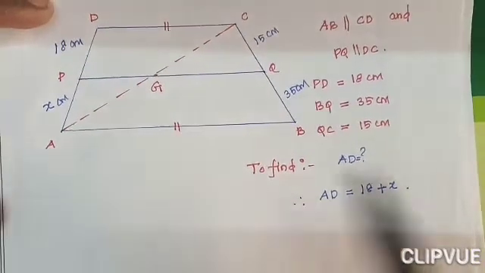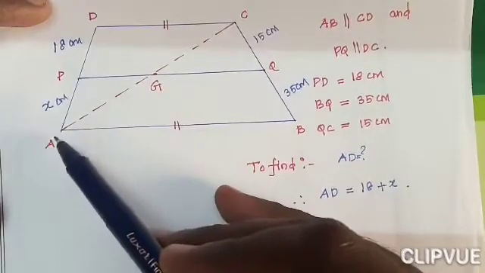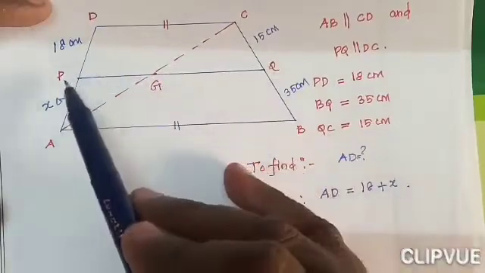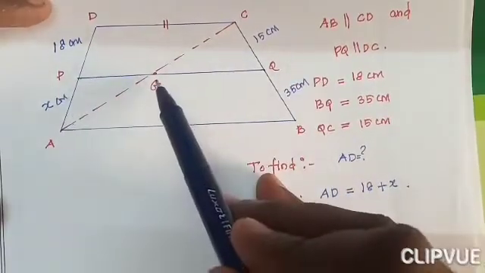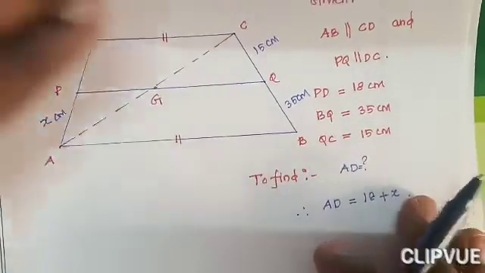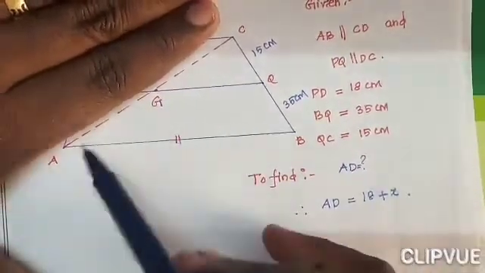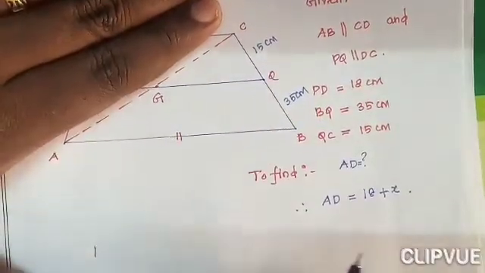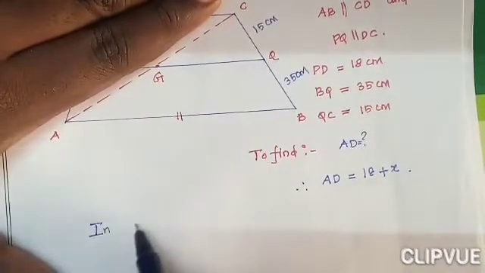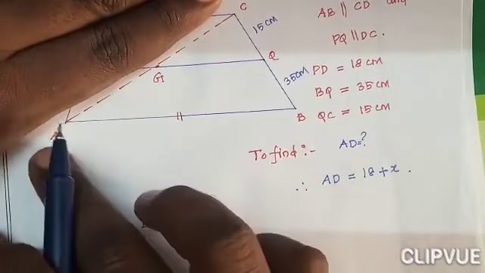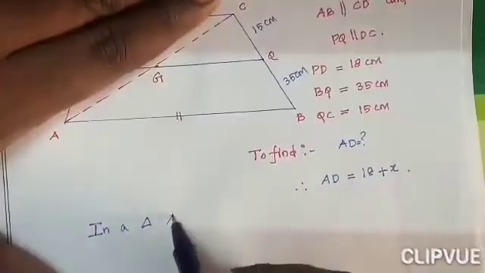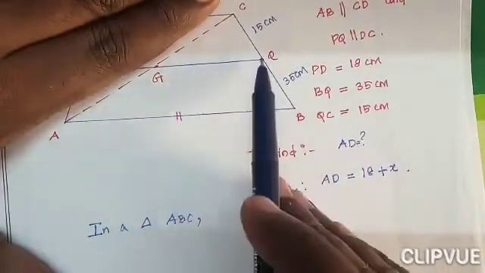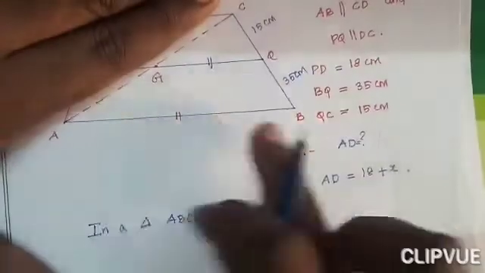Now join the diagonals, A and C. If you join them, it meets the straight line PQ at the point G. Okay, so now look at the diagram. Here in triangle ABC, GQ, listen, this GQ is parallel to AB.